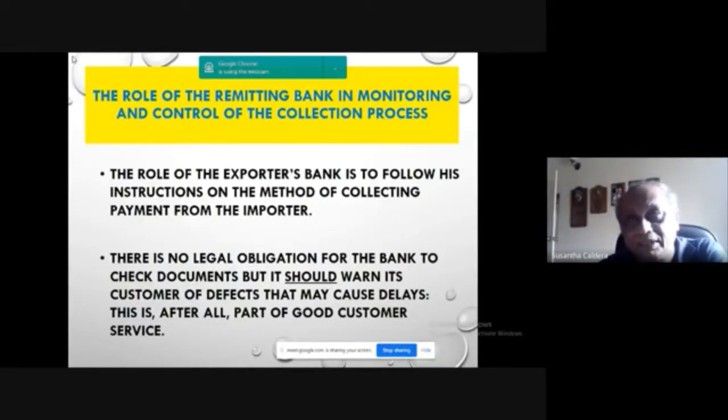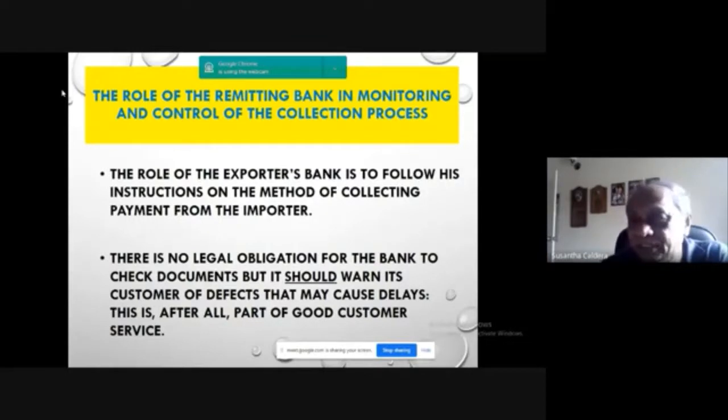Just for an example, if a group has many export companies, and one person is handling all those things, he can, by mistake, due to an oversight, attach a wrong BL or wrong commercial invoice to this document.